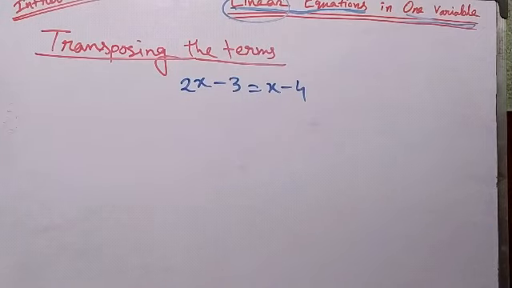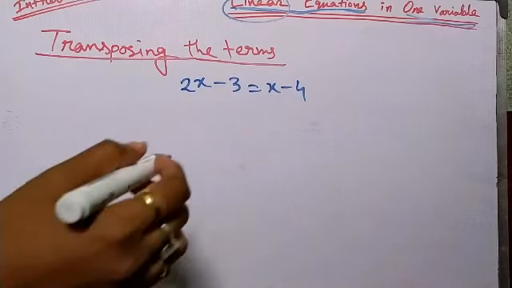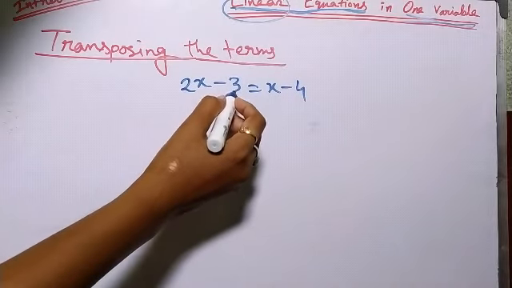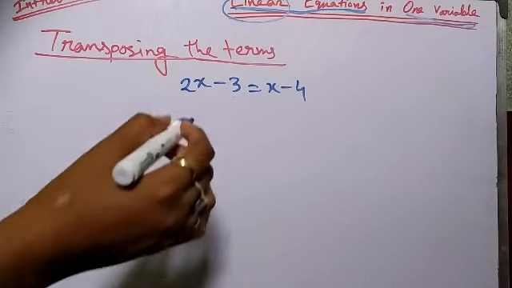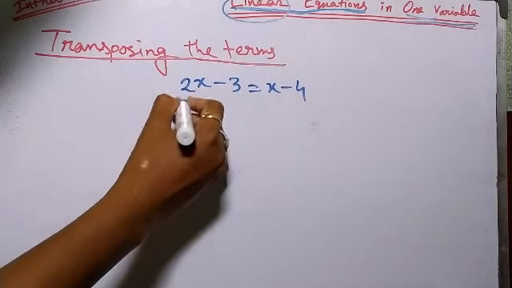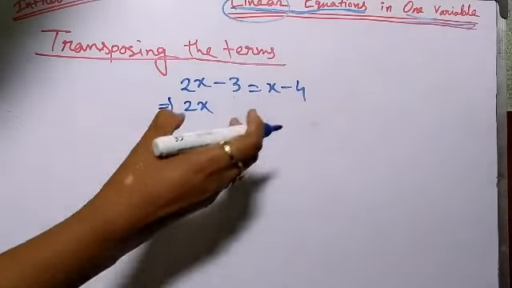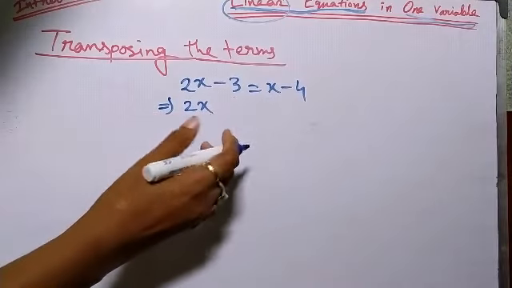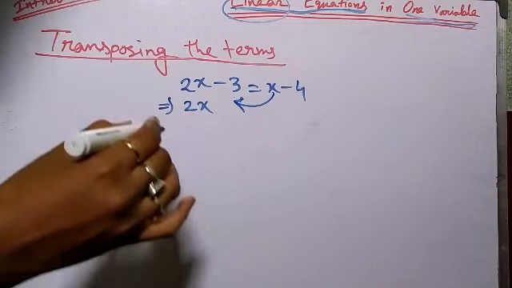Now the next topic is transposing the terms. That means if any term of an equation is taken from one side to the other side by changing the sign, then that process is called transposing the terms. Suppose here is 2x, so we have to jot down the variable term in one side, so x will come in this side. So that process is called transposing.